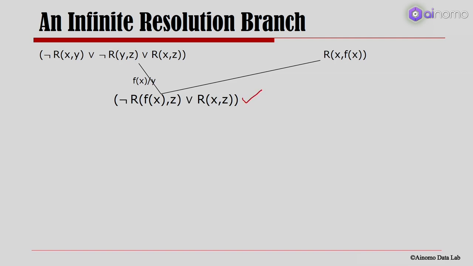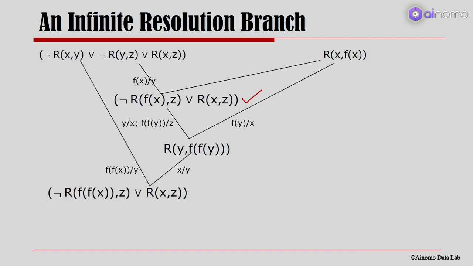Now, if we resolve this further, we get an expression which says R of y of f of y. One step further, resolving it, we will have a disjunction, and when this disjunction is resolved further, remember there are only two clauses in the data set to start with.